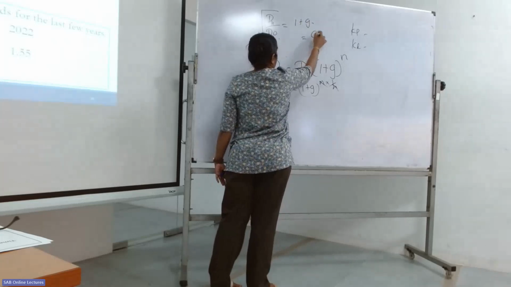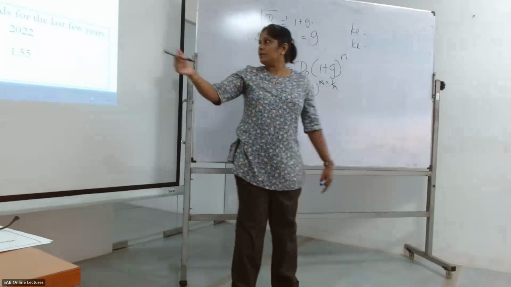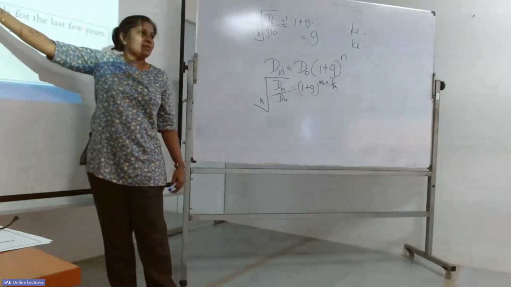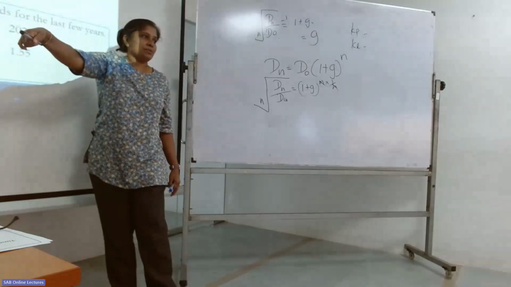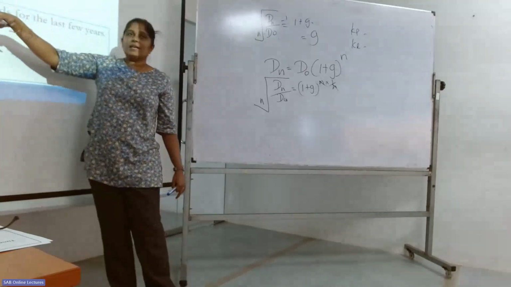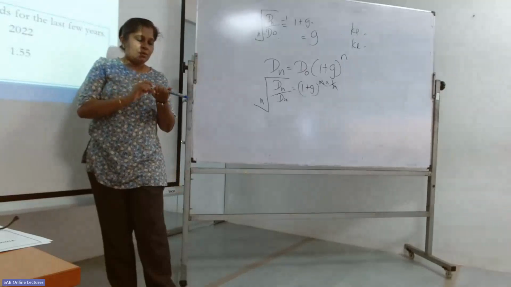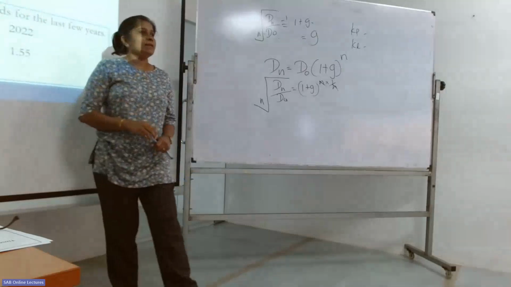Ultimately, growth rate is equal to the nth root of Dn divided by D0, then from that answer you deduct 1. So then you will have the growth rate. This is what we call the dividend growth model.